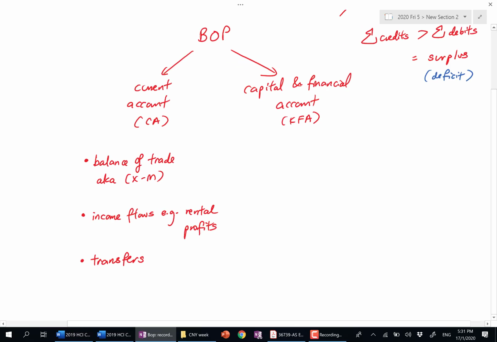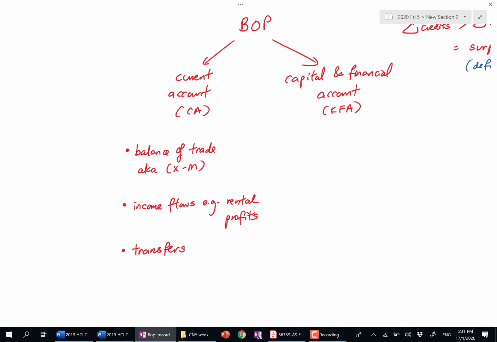In econs, whenever we say transfers, we are talking about payment where no productive activity is generated in return.